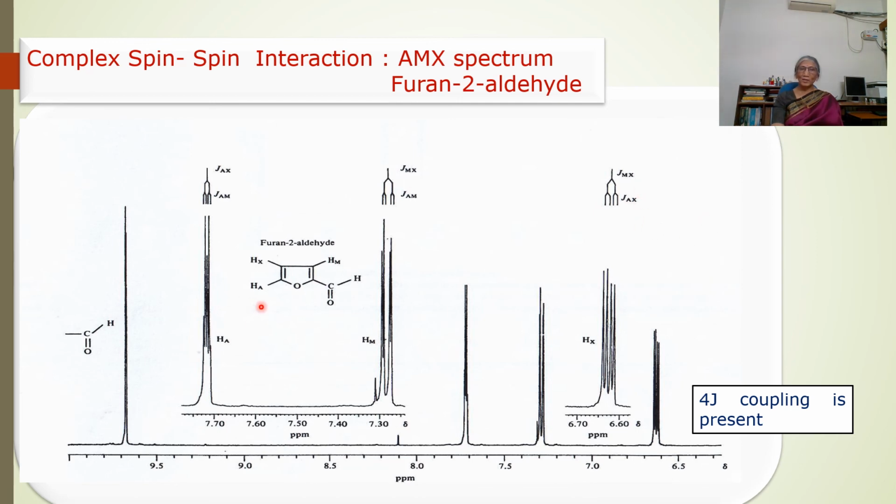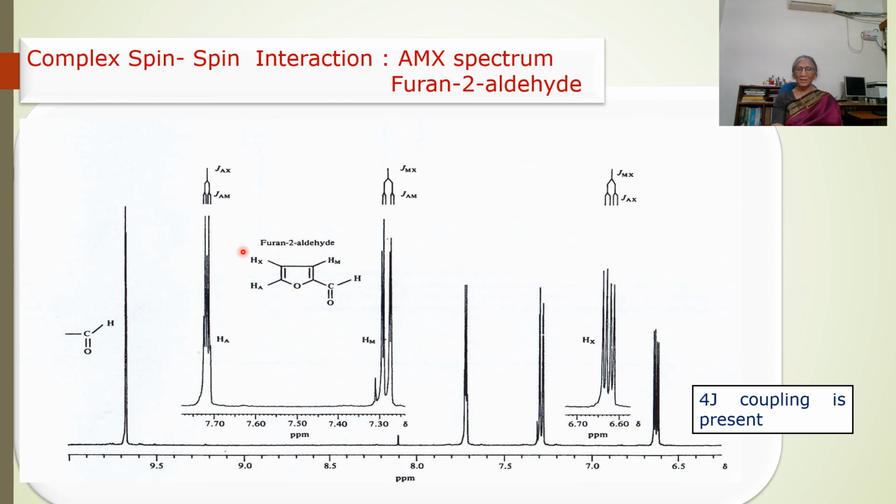Proton A couples with its neighboring proton HX, and it also couples with proton M. Similarly, proton M couples with its neighbor proton HX, and for the J4 coupling, it also couples with proton A.